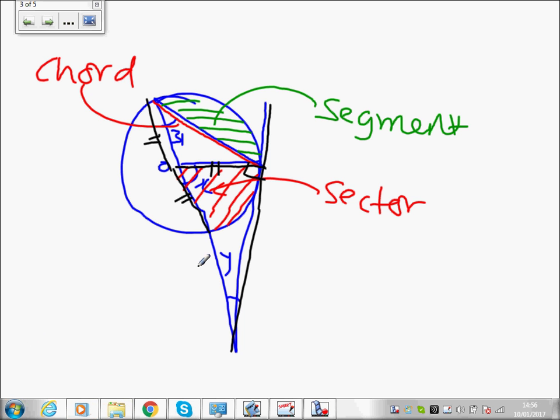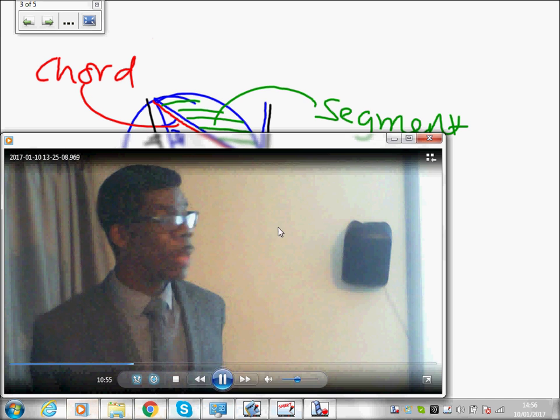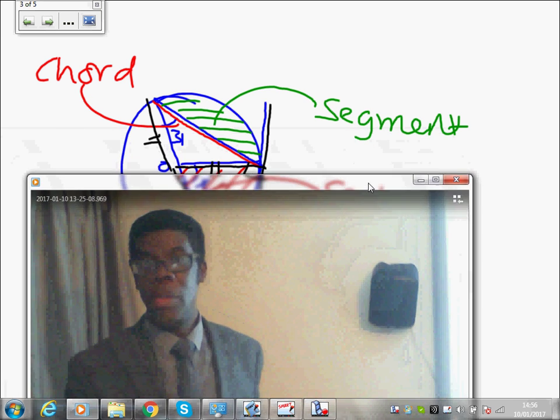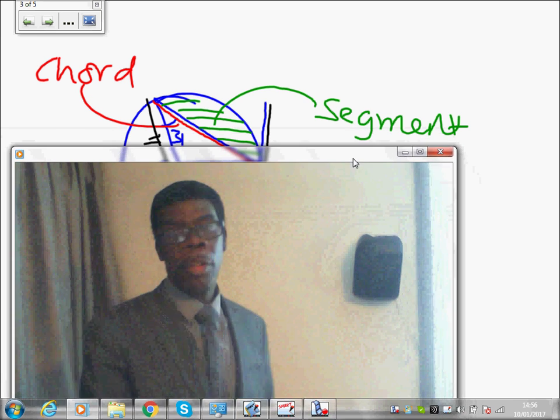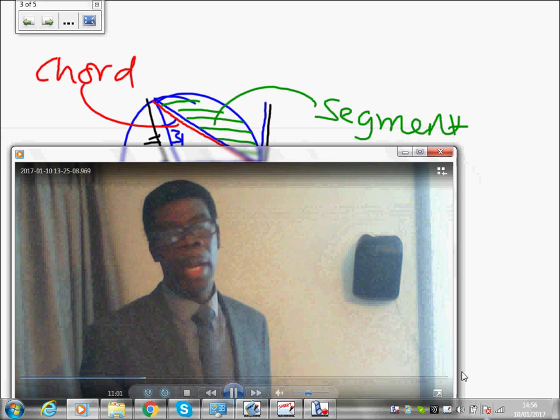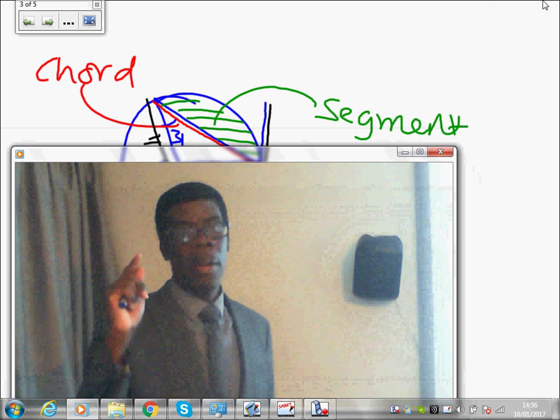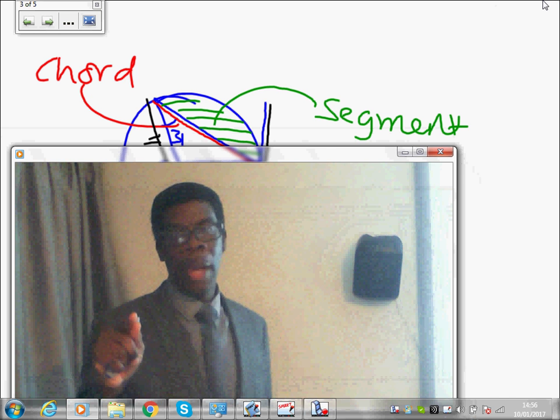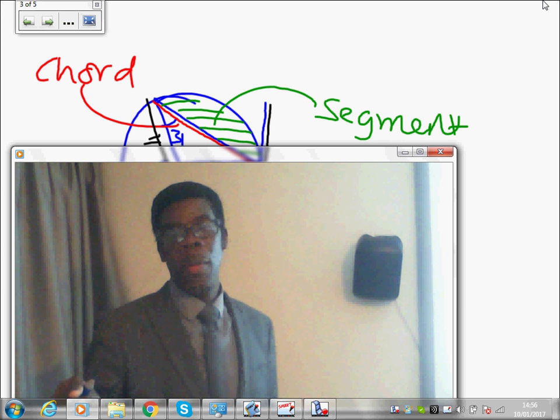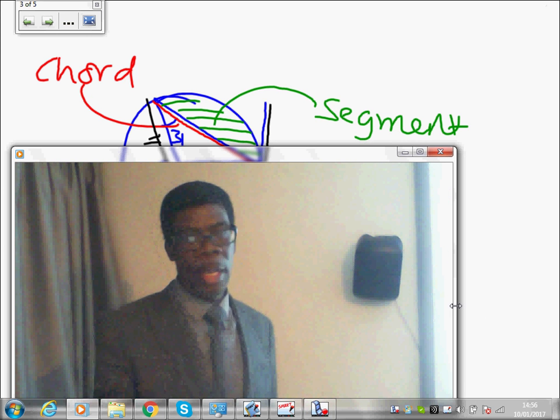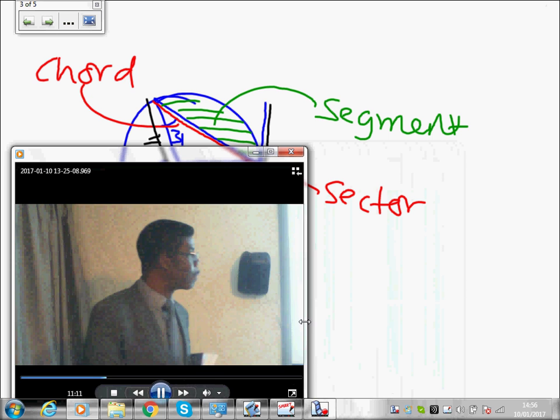So I just want us to identify the chord, the arc, and so forth. That's the reason we come back to these questions and try to solve them. There might be a direct relationship, but I want you to understand and identify basically where the chord is, where the arc is, where the sector is. That's the whole purpose of this exercise.